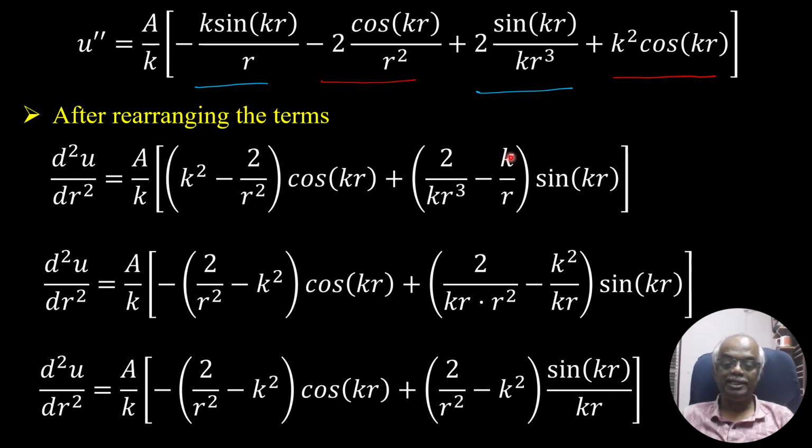And here I'm going to multiply and divide by k, so k squared over kr sin kr. Now interestingly you can take this kr and this kr outside as common. So this will become sin kr over kr. So inside the bracket you have only 2 over r squared minus k squared.